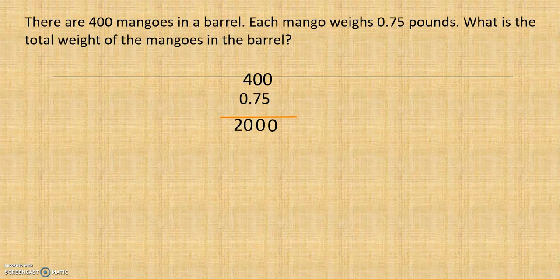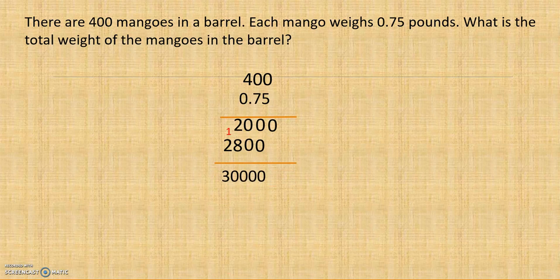Then for the second digit, 7 times 0 is 0, because any number multiplied by 0 is 0. So 7 times 0 again is 0, and 7 times 4 is 28. So let's ignore the 0 before the decimal, because any number multiplied by 0 is still 0.